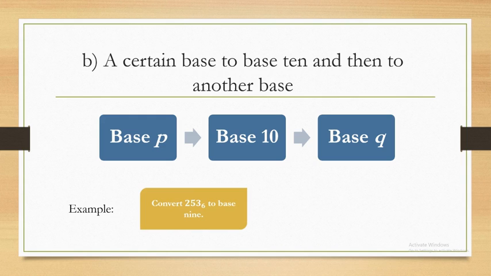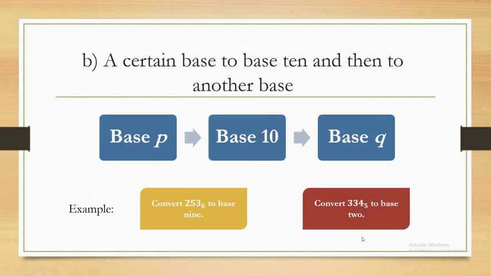First we're going to convert from 6 to 10 and then to Q. P is 6 and then 10 and then Q is 9. For the second example, convert 334 base 5 to base 2. This one is from base 5 to base 10 and then base 10 converted to base 2.